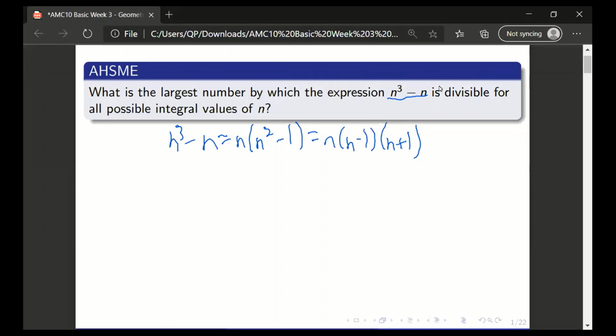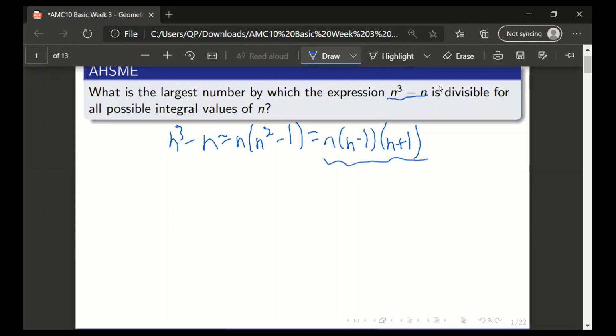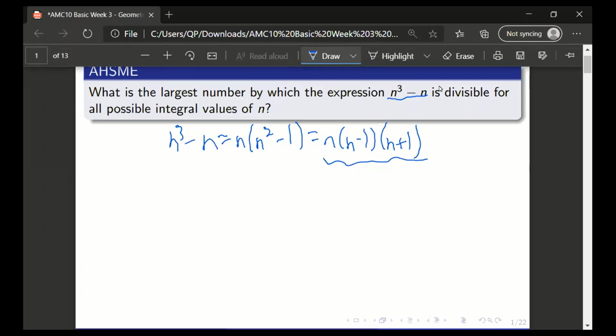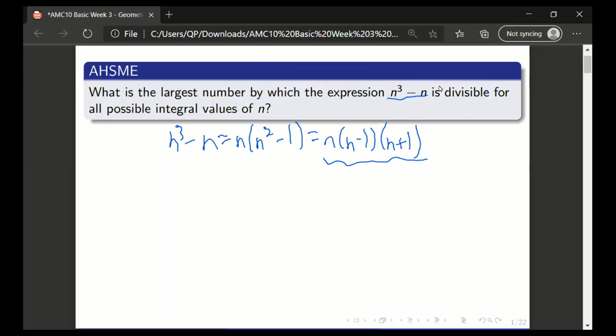And so there are more than two consecutive numbers in here. When you have two or more consecutive numbers, at least one of them must be a multiple of 2. Because if the smaller one is already even, then you're already done. And if the smaller one is odd, then the other one, because it's larger, must be even.